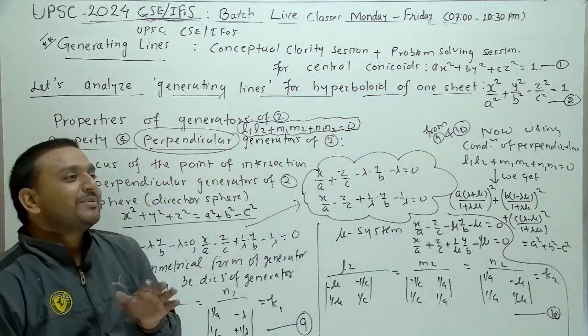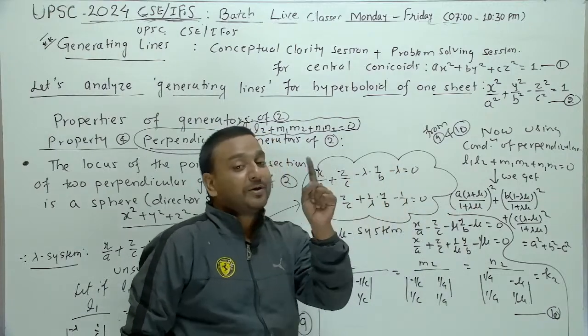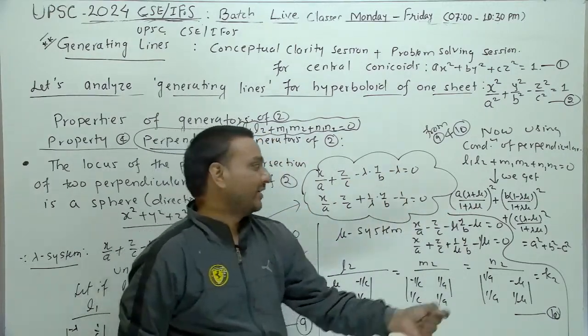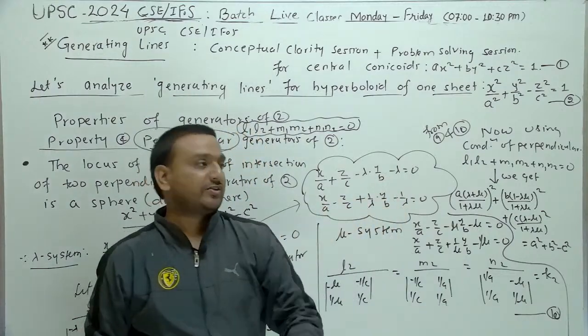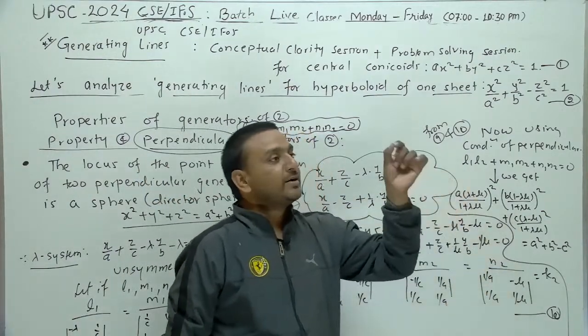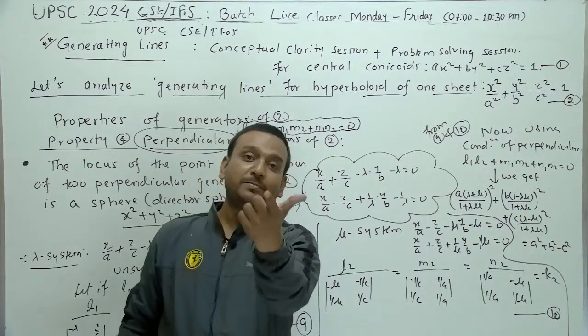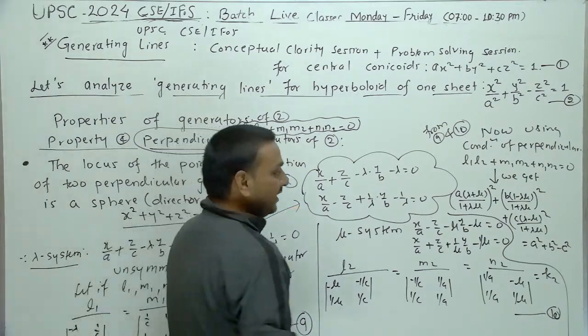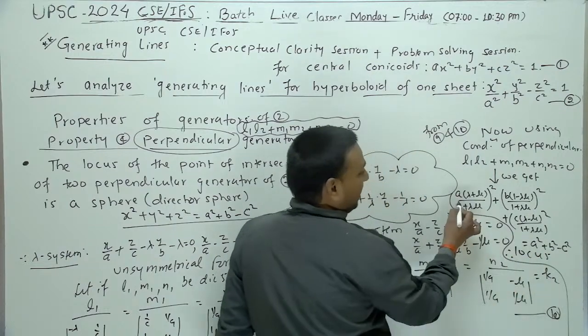So my dear children, what is this written? The x component of the point of intersection. This is what? The y component of the point of intersection. This is what? The z component of the point of intersection of one member of the lambda system and the mu system. So here, if you want to find the locus, what do I get?